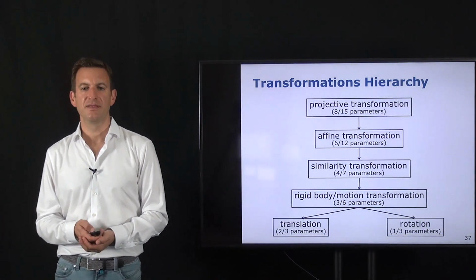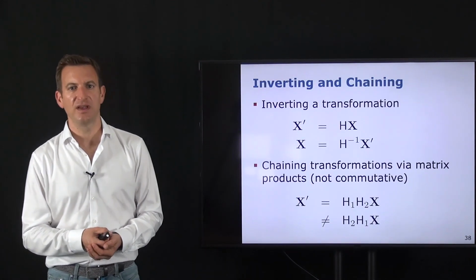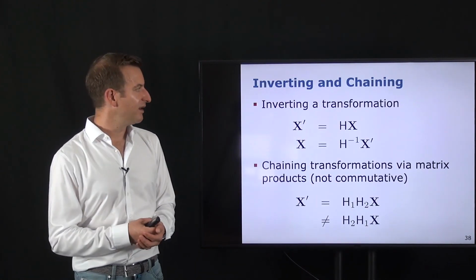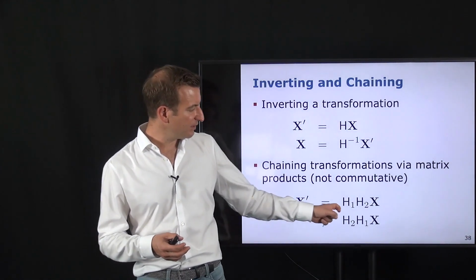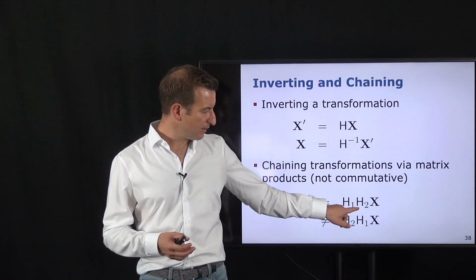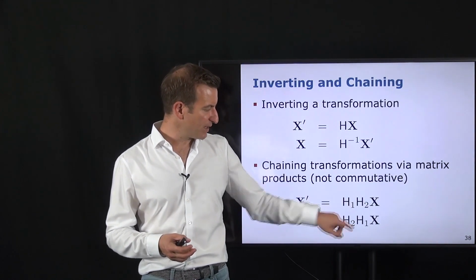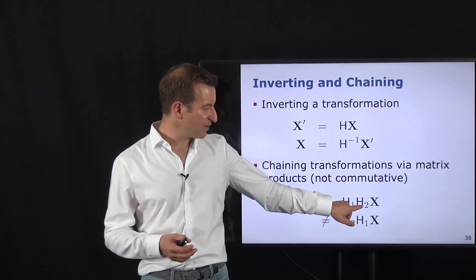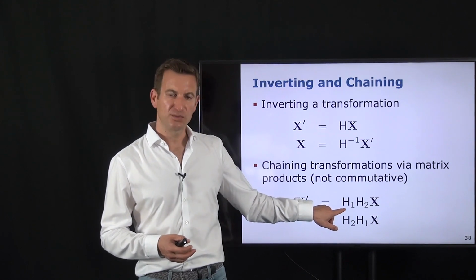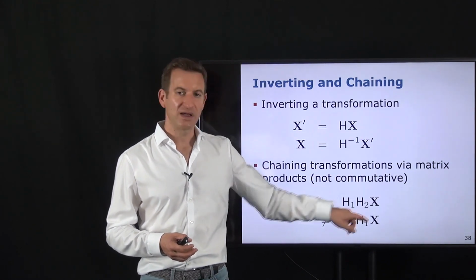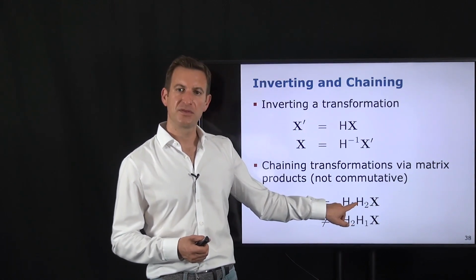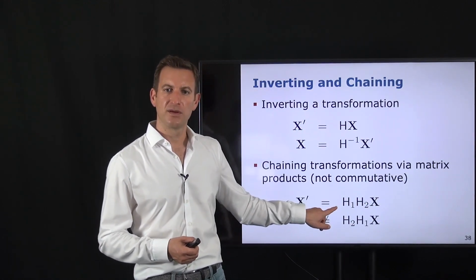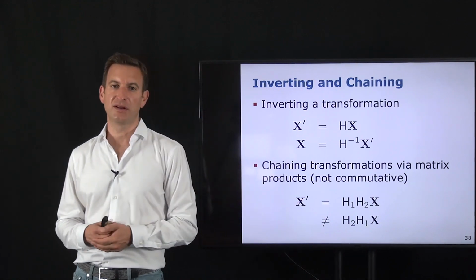By expressing those transformations as matrices, as I said before, we can very easily chain those transformations, something we see down here. So if we have 2 transformations, H1 and H2, and we want to execute H2 and then H1, we can express this by H1 times H2 times X. And so X is first transformed through H2 and then transformed through H1, and then gives me my point X prime.